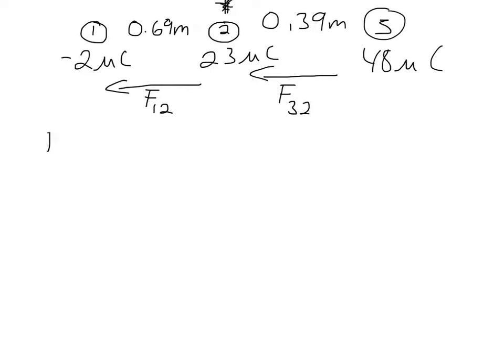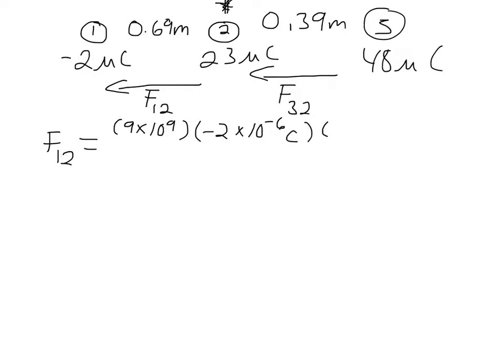First let's find force 1 on charge 2, and that's going to equal 9 times 10 to the 9th for k, times negative 2 times 10 to the negative 6th coulombs. We have microcoulombs, so we have to multiply by 10 to the negative 6 to get to coulombs.